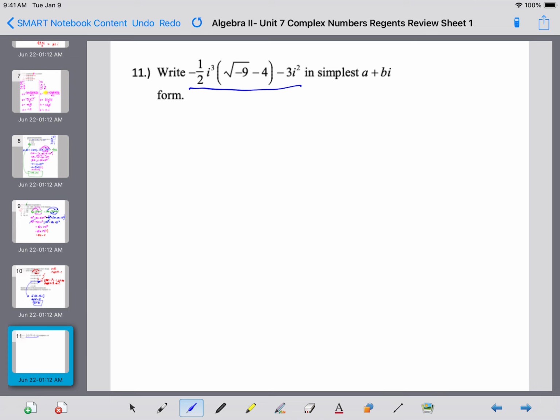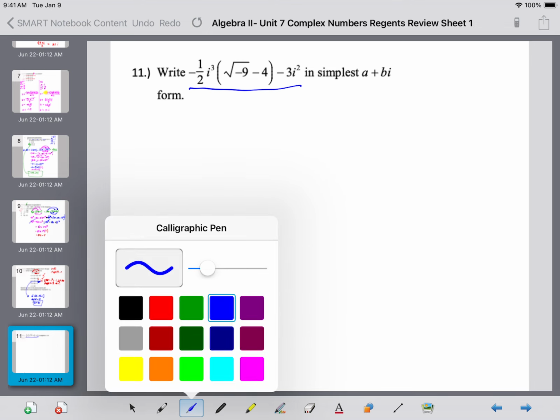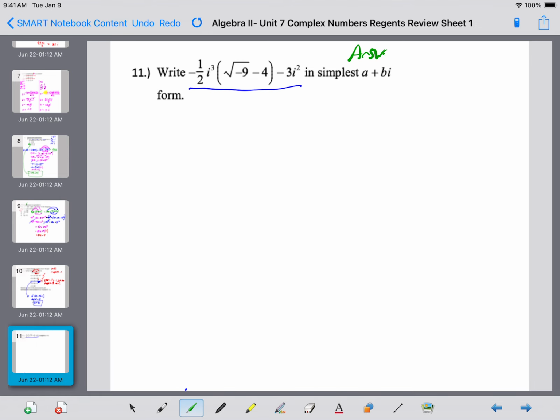So negative 1/2 times i to the third times the square root of negative 9 minus 4 minus 3i squared. My calculator tells me that what we're going to get is 1.5 minus 2i, which is just 3 over 2 minus 2i.